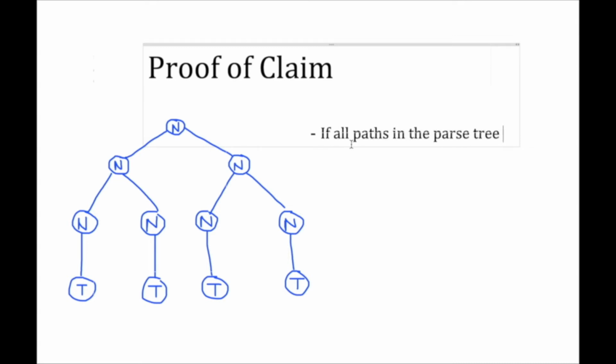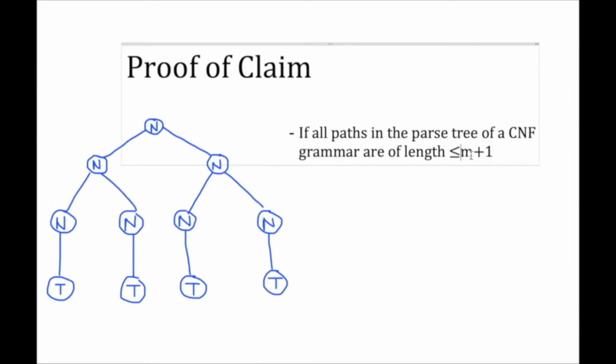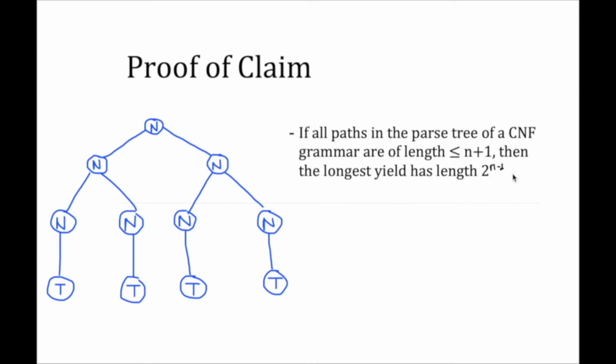The claim here is that if all the paths in the parse tree of a Chomsky normal form grammar are of length less than or equal to n plus 1, where n is the number of nodes on that path, excluding the very first node as the root, then the longest yield will be 2 to the power n minus 1.